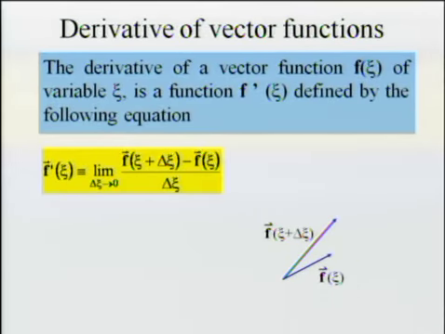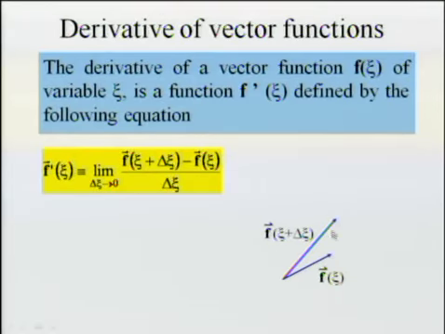Who thinks that it's going to be this way? Who thinks that it's wrong as well? Those of you who think that it's wrong, you are right. What about you? I think it'll be from the head of f of xi plus delta xi to the function of xi. What's your name? JT. JT thinks that it will be an arrow from here to here. Who thinks that JT is right?